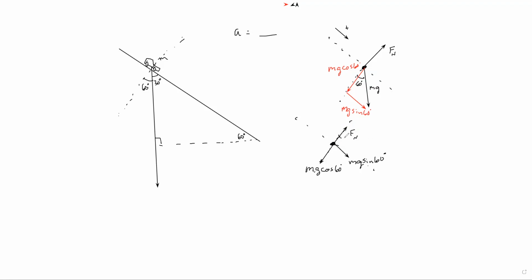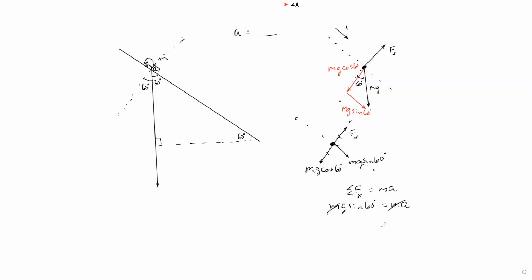The normal force and mg cosine 60 will basically cancel, so the net force is equal to 0, so there's no acceleration in that direction. But in the x direction, you can see that we have a net force, so it's going to accelerate down. The sum of the forces in the x direction equals ma. So we got mg sine of 60 is equal to ma.